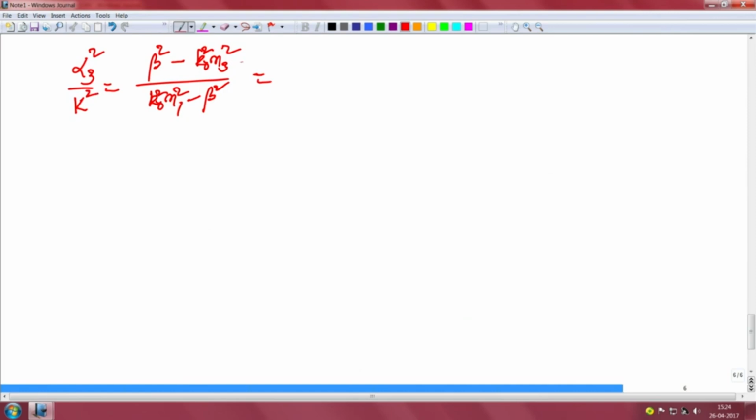But here instead of n2 we have n3, our definition of b has got n2. So, let us convert this into n2 by adding and subtracting k0 square n2 square.